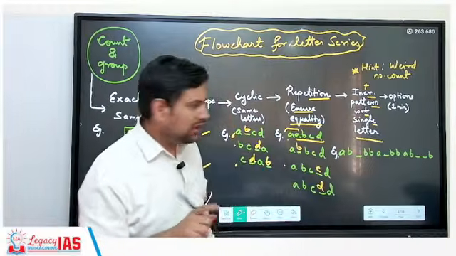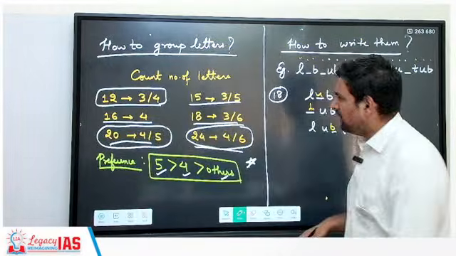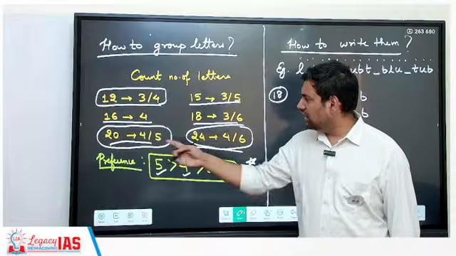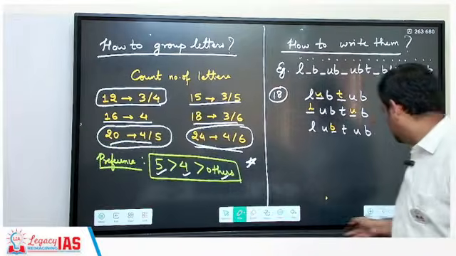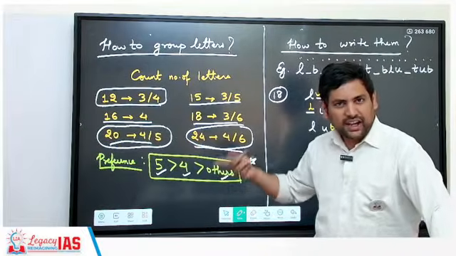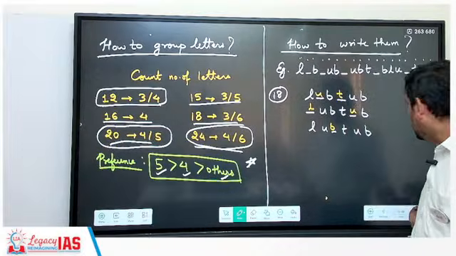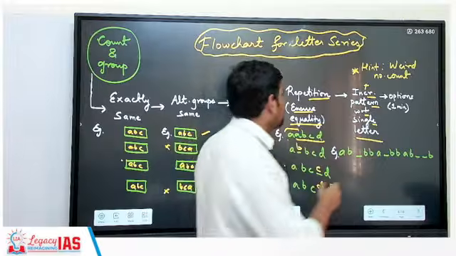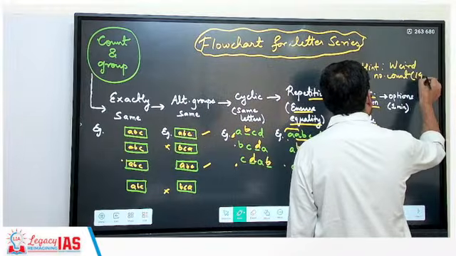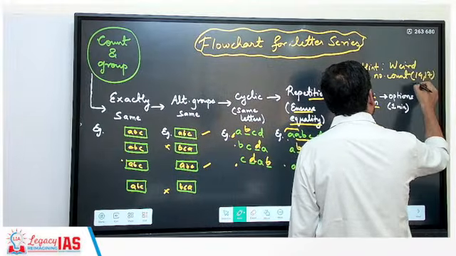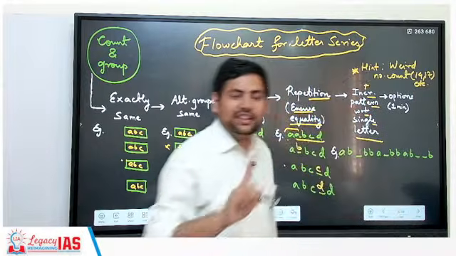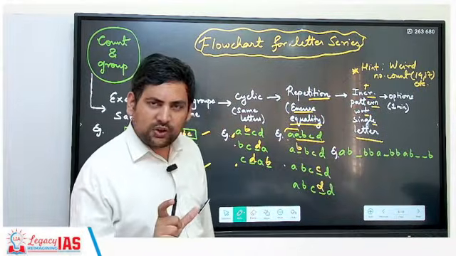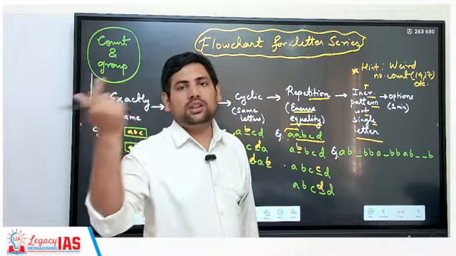When we are counting letters, usually what we get is 12, 15, 16, 18, 20, 24, like this. These are very easy to divide and find out everything. Now if you get some very odd or weird count, for example 14, 17, etc., then it is a hint that it may not be divided into equal groups.